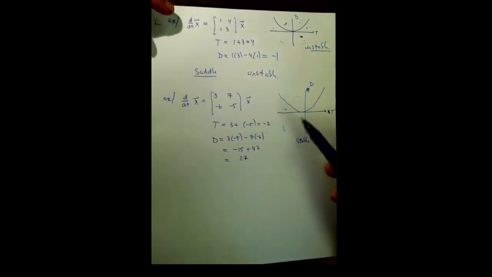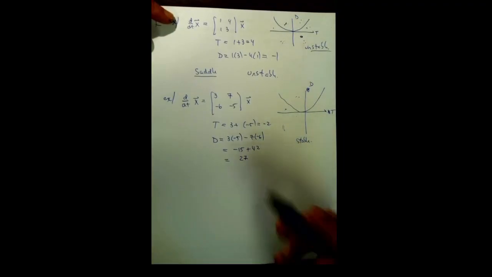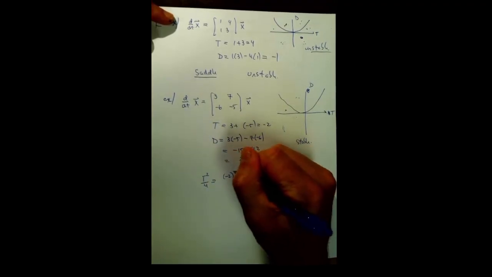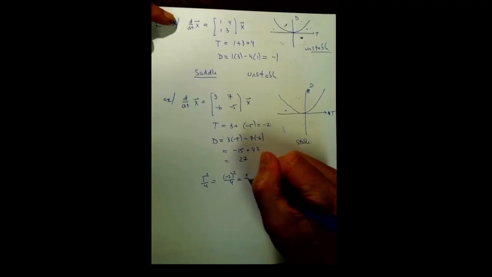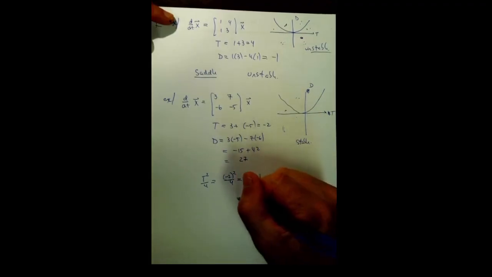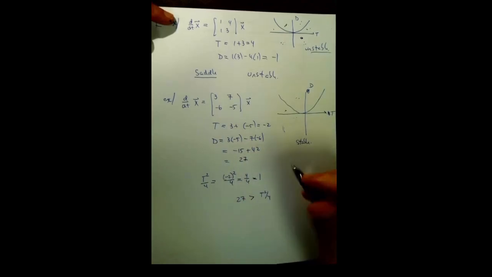I don't know yet. I have to now compare t squared over 4 to 27. So t squared over 4 is minus 2 squared over 4. 4 divided by 4 is 1. So in this case, 27 is greater than t squared over 4.